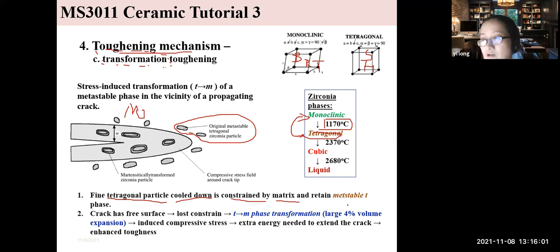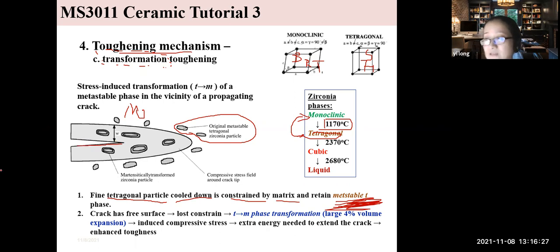Okay, so far so good, right? That's why I keep highlighting metastable tetragonal phase. That is from your process, right? In your process, you did some smart thing to make sure your material has a lot of metastable tetragonal phase. Now let's see if a crack is coming. You can see this one, the crack coming, right? Crack means it's a liberator.